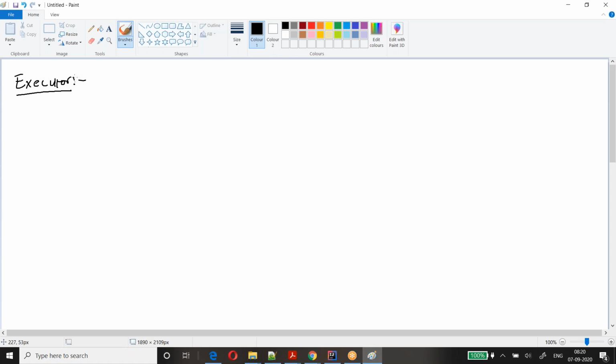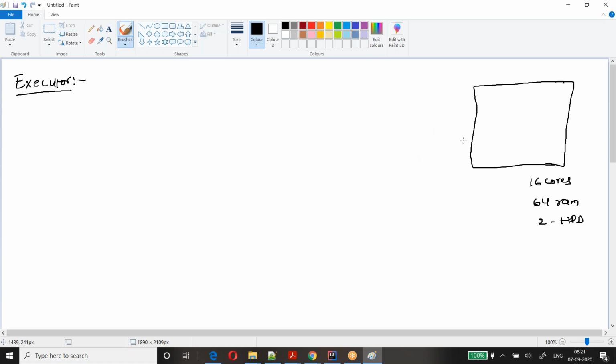Let me explain in a very simple way. We have one physical machine. In this physical machine, I have 16 cores and 64 GB RAM and some hard disk, which can be 1 TB, 2 TB.